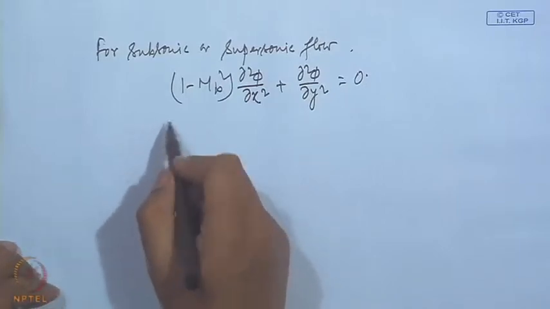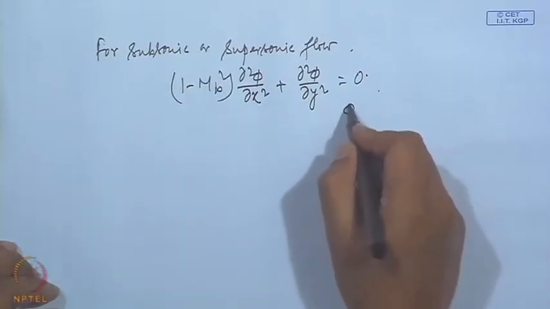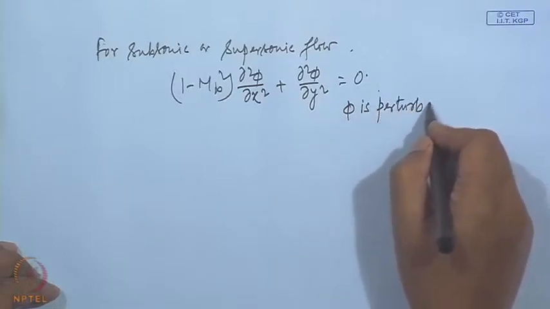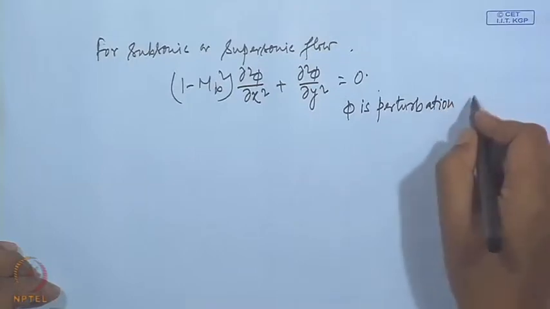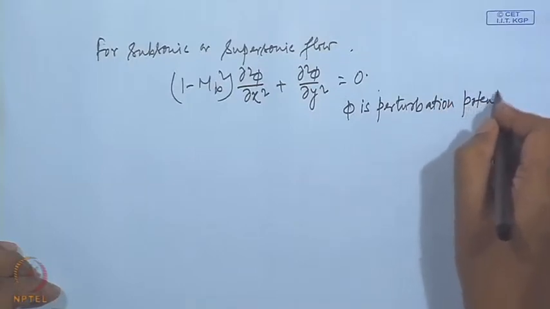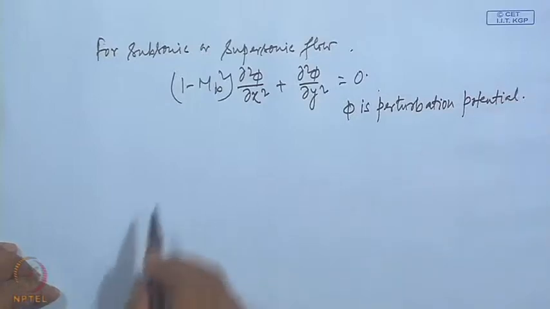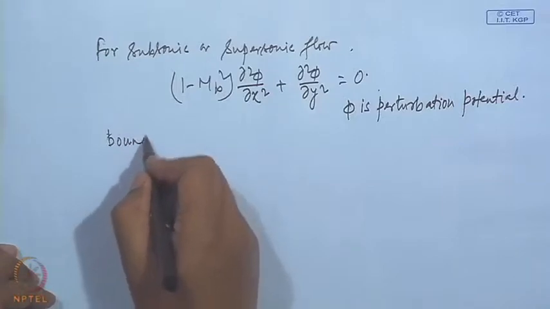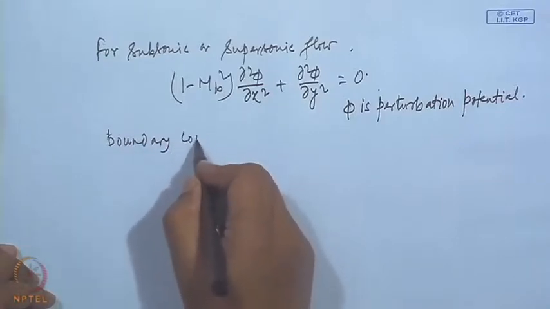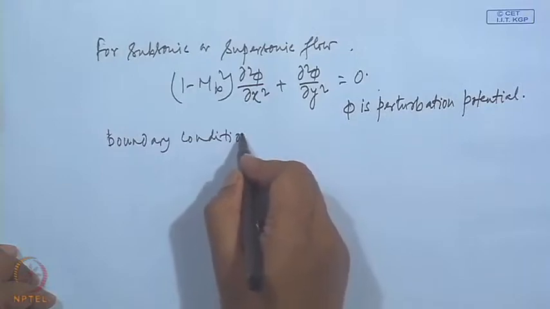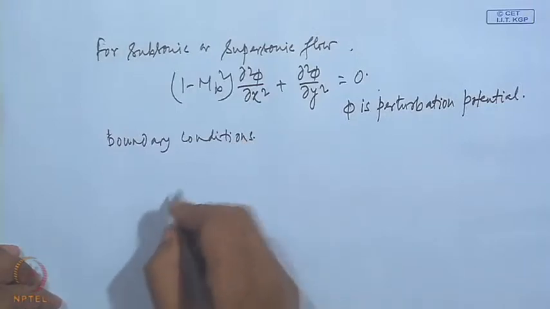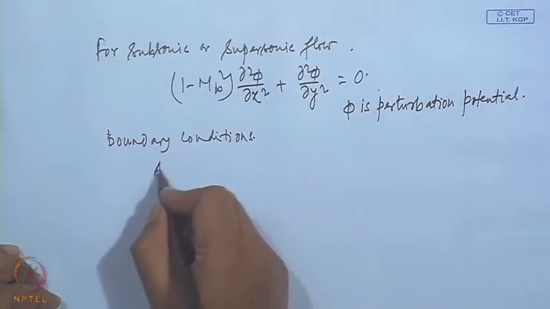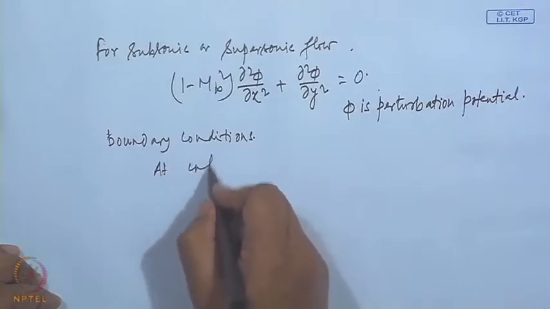And here phi is the perturbation potential, and these are subjected to boundary conditions at infinity.